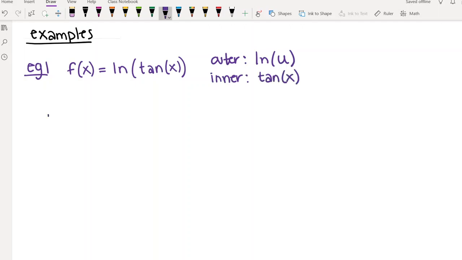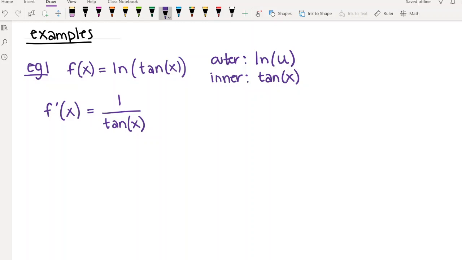So how does the chain rule work? Well, first we take our outer derivative. So that would be 1 over u, right? But then we want to put our original input back in. So we're going to get 1 over tangent of x. So that's a really important observation. It just comes straight from the chain rule, but I think it will help you with these types of problems to realize that in general.